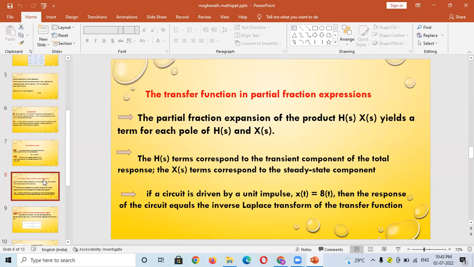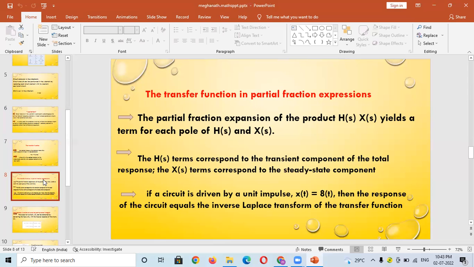So these 3 points are the transfer function in partial fraction expansions. The H(s) terms correspond to the transient component of the total response, and the X(s) terms correspond to the steady state component.